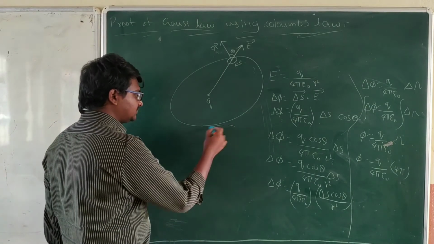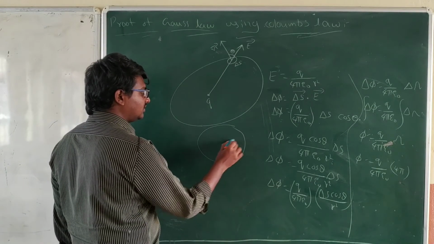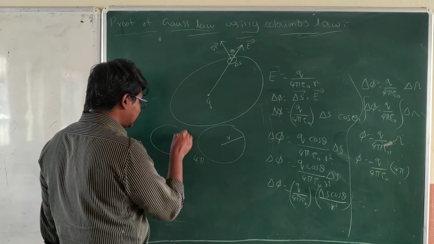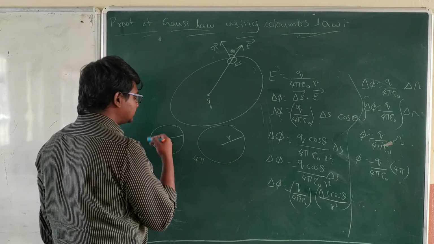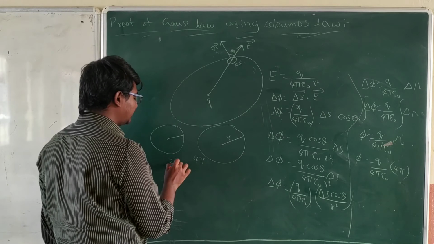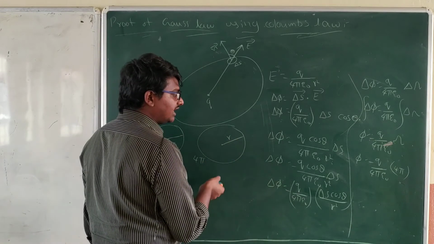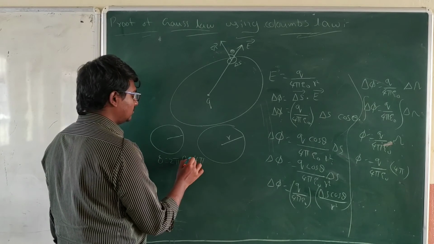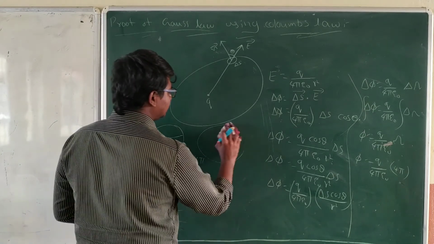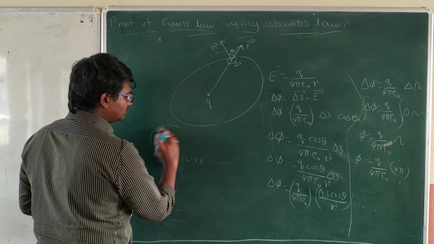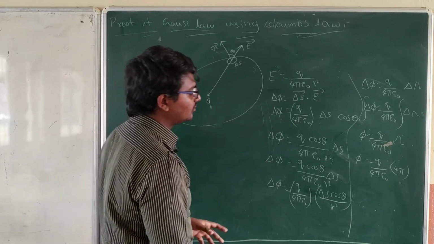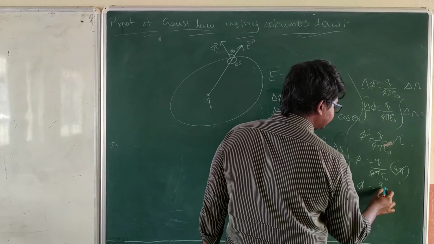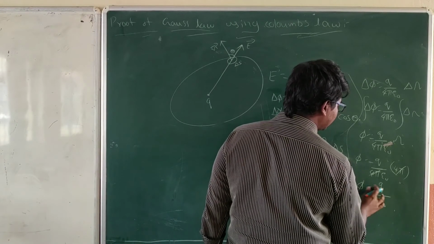For a complete circle, the maximum possible angle is 2 pi. Here the maximum possible solid angle is 4 pi, as we have discussed before. 4 pi and 4 pi get cancelled. Phi is equal to Q by epsilon naught we got.